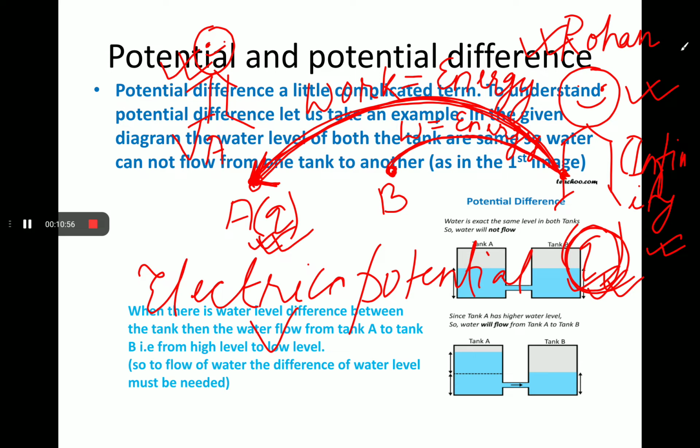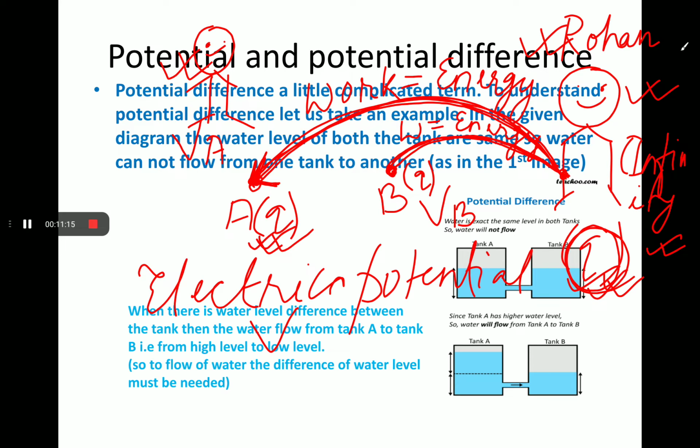When the charge is at point B, the amount of energy he has spent in bringing the charge from infinity to point B is called the potential of point B, which is denoted by the letter VB.